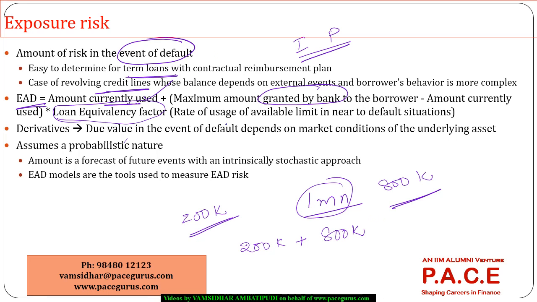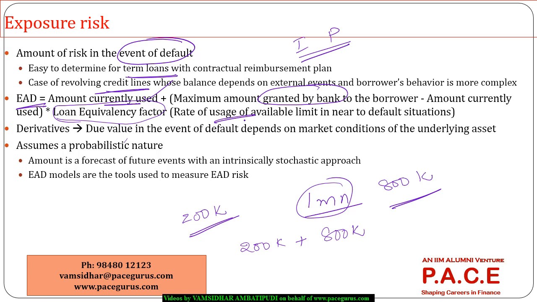So we are talking about what is the rate of usage of this entire 800k, especially when the counterparty is very close to default. In near default scenarios, what is the rate of usage of this excess limit? That is what we call the loan equivalency factor. So this number would typically be used to finally arrive at the exposure at default for various revolving credit lines.